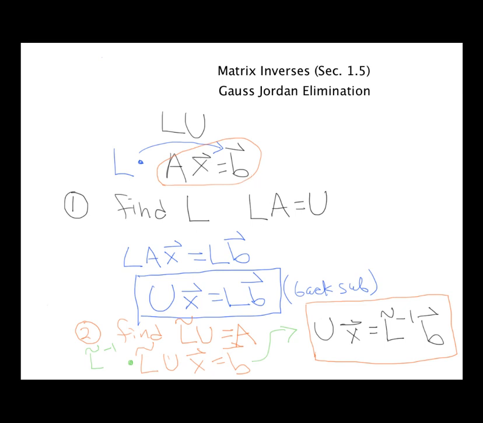Writing LA is equal to U, or LU is equal to A, is essentially the same thing, and the way you get between these two is from here to here. You see that the relationship is L tilde is simply L inverse. And that's what I mean by it being convenient when you have invertible matrices. You can move them from one side of an equation to the other, and that's exactly what I've done here.